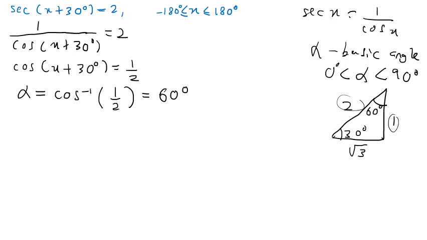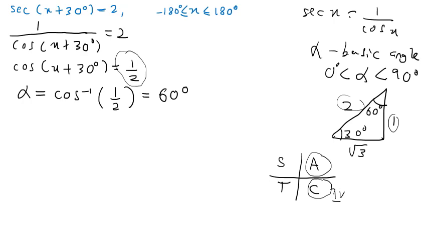Then we check the sign of cos. The value of cos is positive. As you already know, in the quadrants, all silly tomcat. So we know that apart from the first quadrant, cos is also positive in the fourth quadrant.